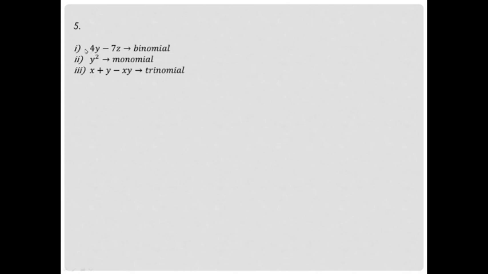Here in question number 5 we are going to count the terms. How many terms are there? So here, the minus separates 2 terms, 4y and 7z. 4y is one term and 7z is another term. So this expression contains 2 terms.